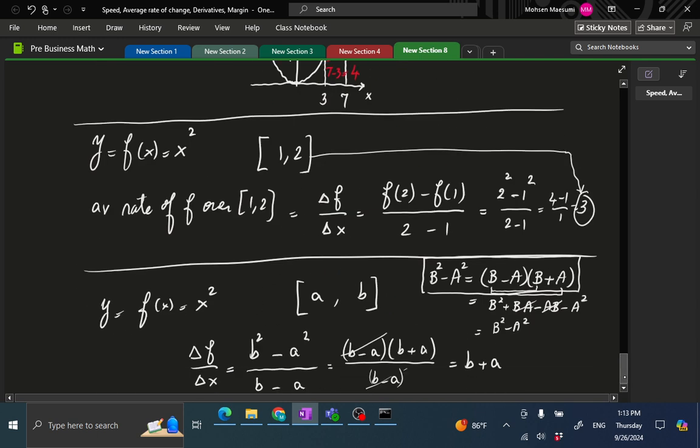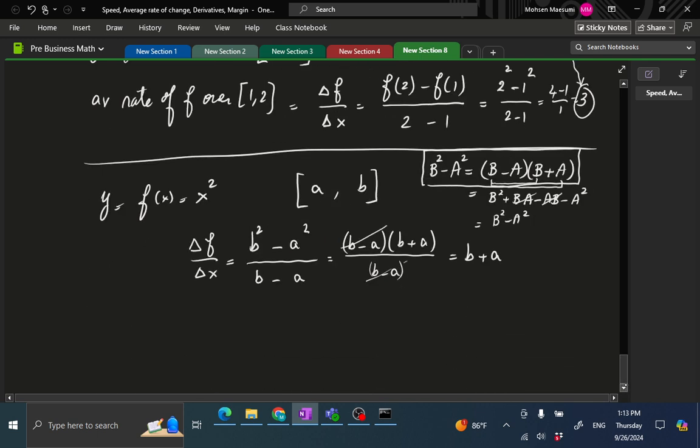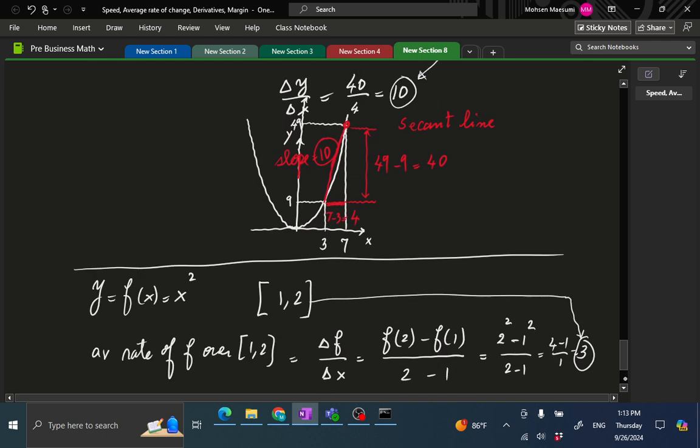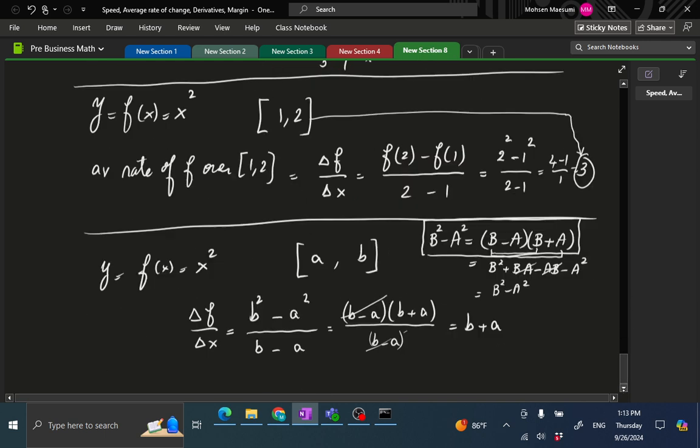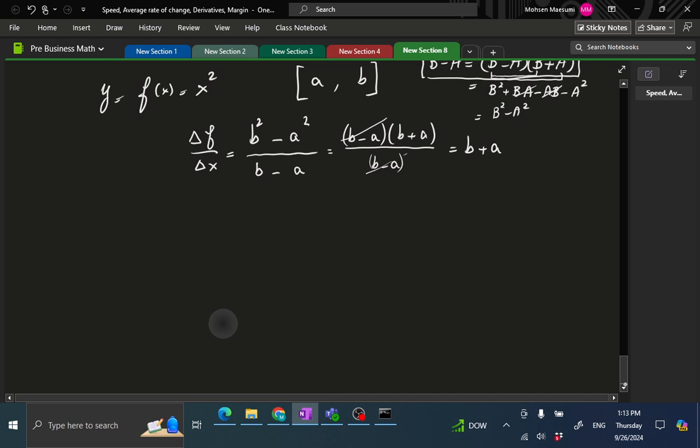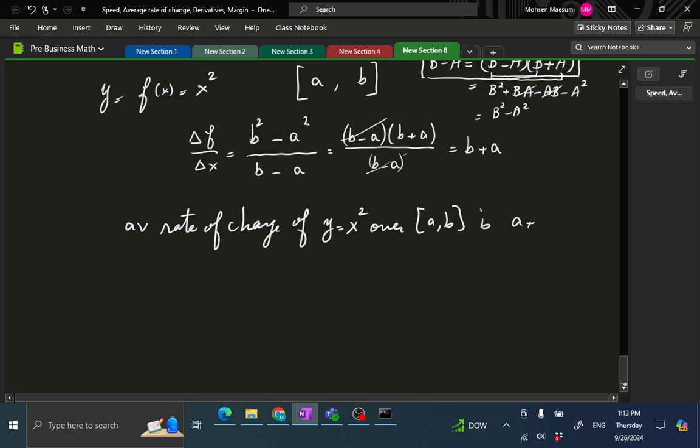So that's a discovery that we have here. The average rate of change of y is equal to x squared over interval a b is a plus b.